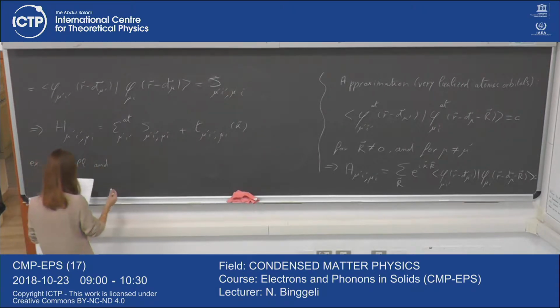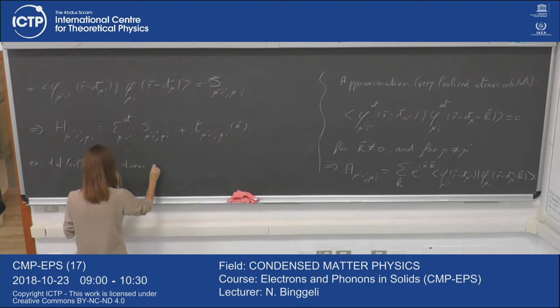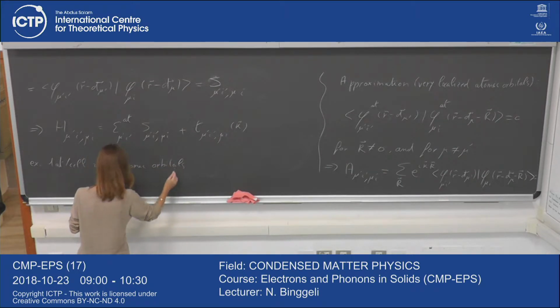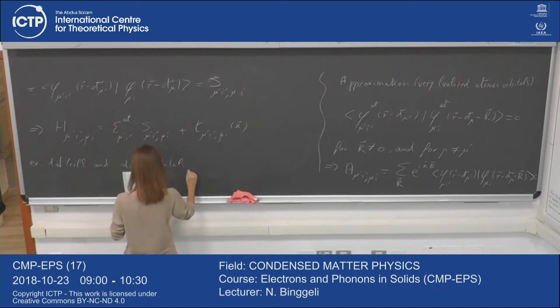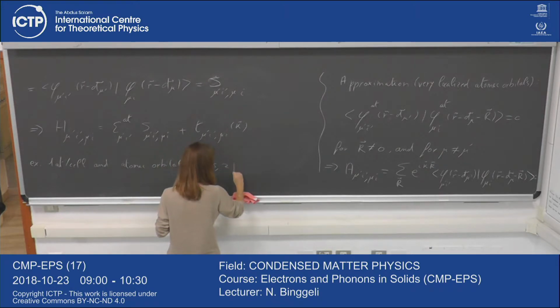So one atom per cell, and we consider in the basis the atomic orbitals 1s, 2s, and 2p x, 2p y, and 2p z.